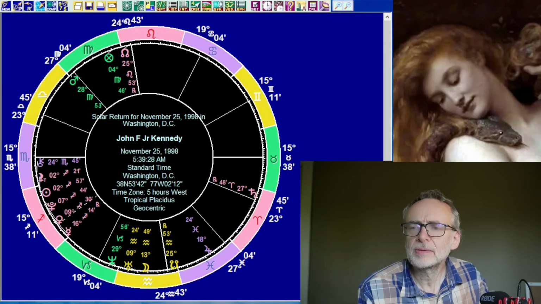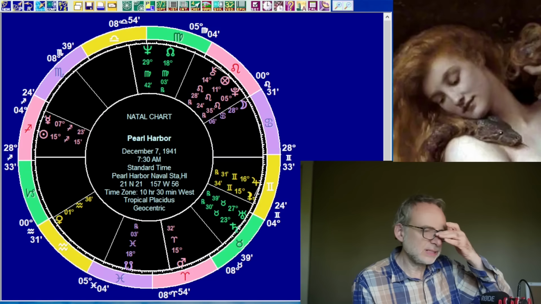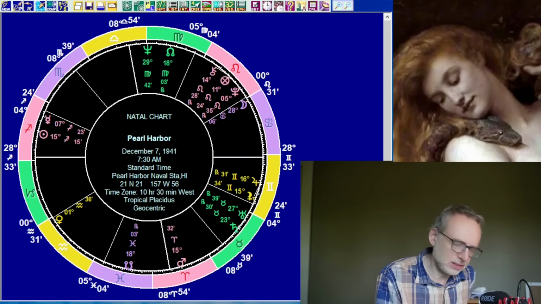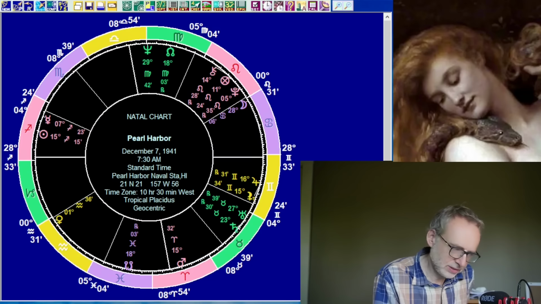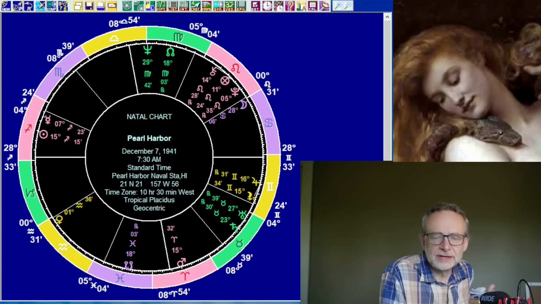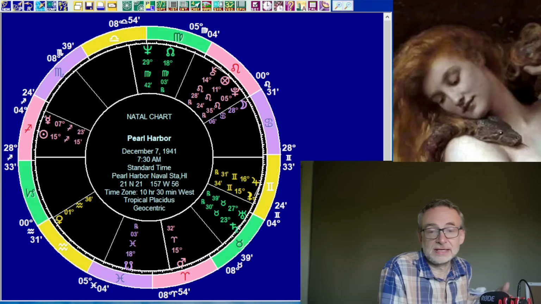But here's the chart of Pearl Harbor. This is obviously when the Japanese attacked the United States fleet in Hawaii, and of course it was the day of infamy. So you could say, well, it's not surprising, is it? Look at Lilith.